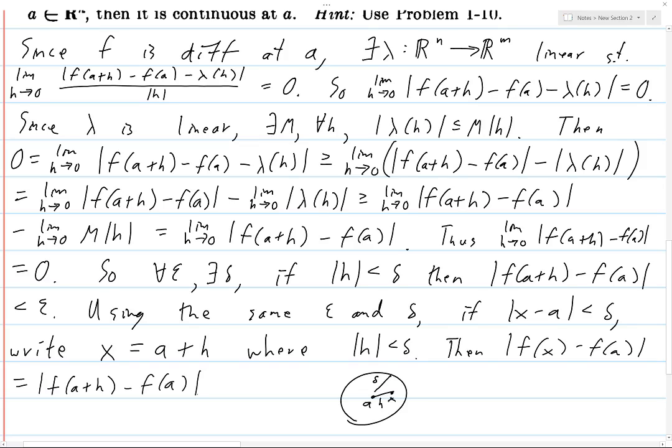And since h is chosen to have norm less than delta, this difference must be less than epsilon. And so, yeah, that's the delta-epsilon phrasing of the continuity condition. And so we've proven that f is continuous at a, and we've completed the proof.